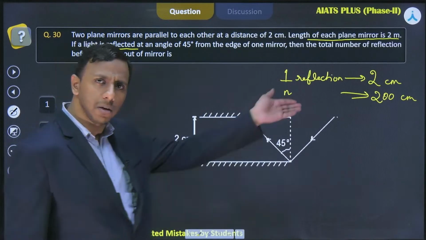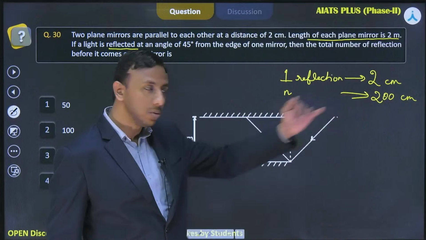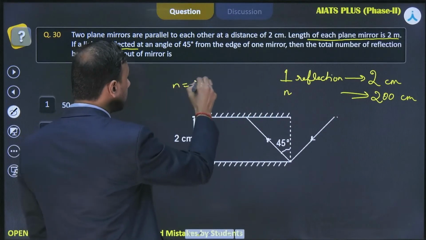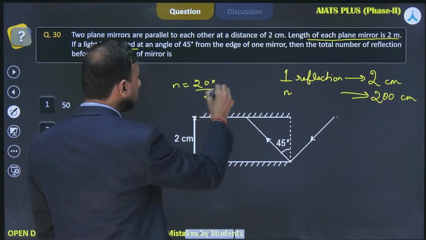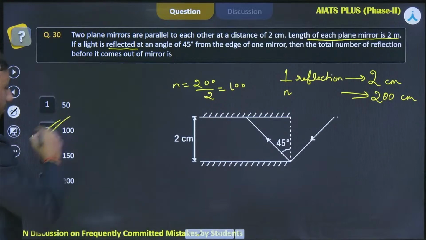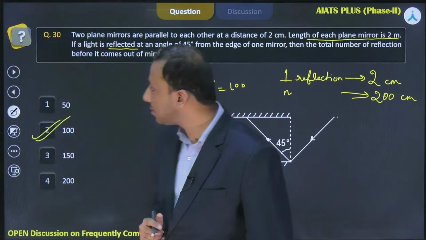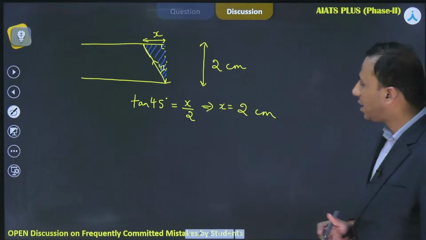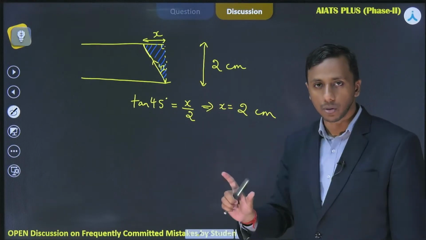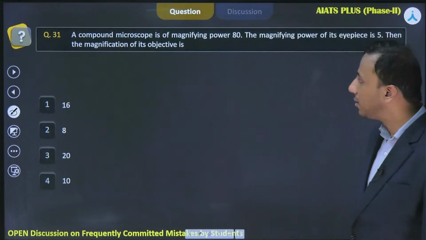Simple unitary method: we divide 200 by 2. So n is nothing but 200 by 2, that is 100. So 100 is the answer. A little bit of trigonometry we had to use. This is basic trigonometry you need to know. That would be enough. Moving on.